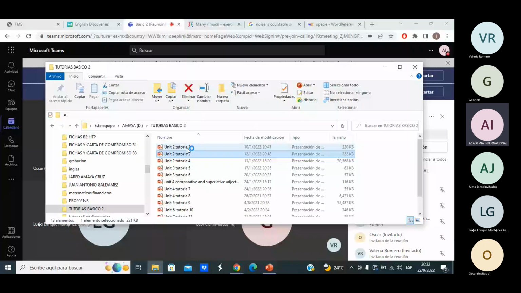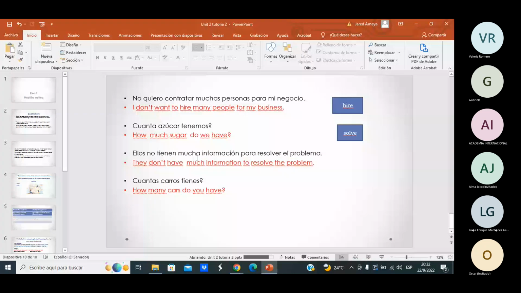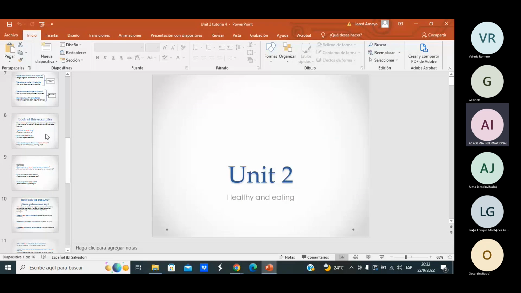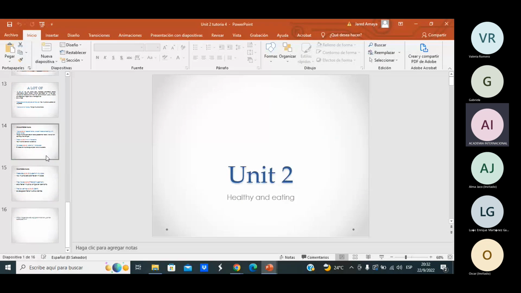La que vamos a ver el martes se supone que hay 12 diapositivas. Y si uno esas 12 con otras 16 que hay aquí, serían bastante. La verdad que es bastante.